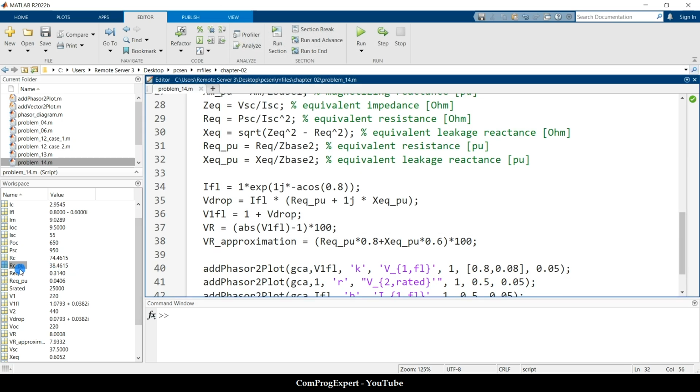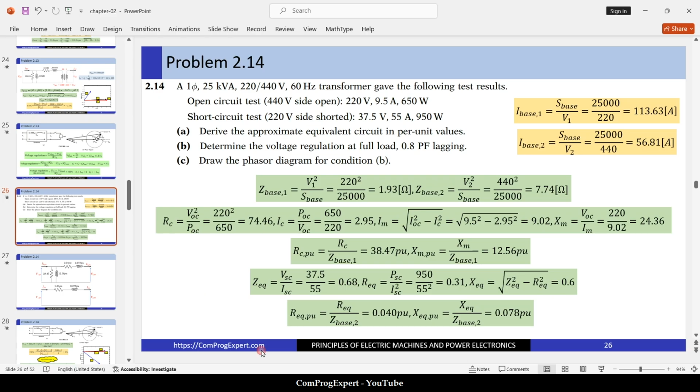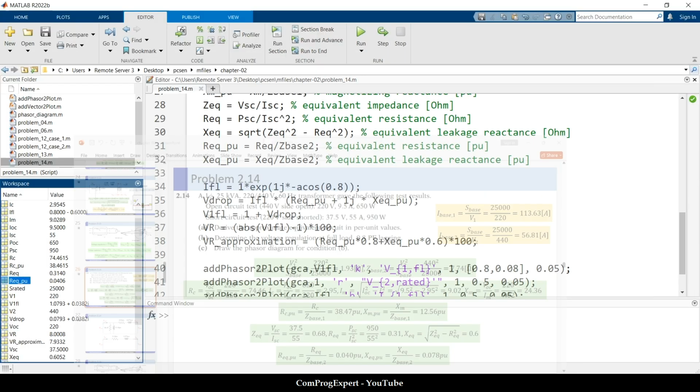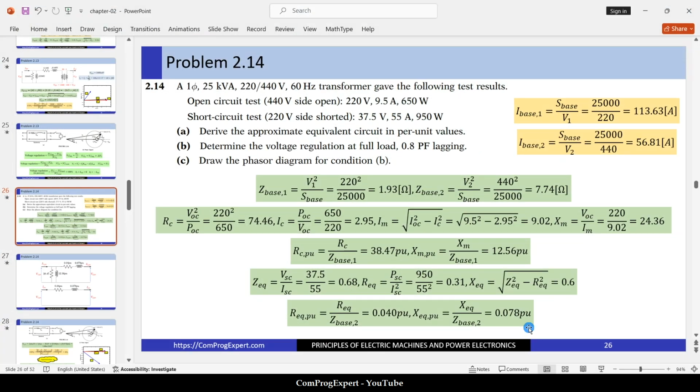Here you can see the value of the R equivalent per unit, 0.04. This one. And what about the leakage reactance? The leakage reactance is 0.078.